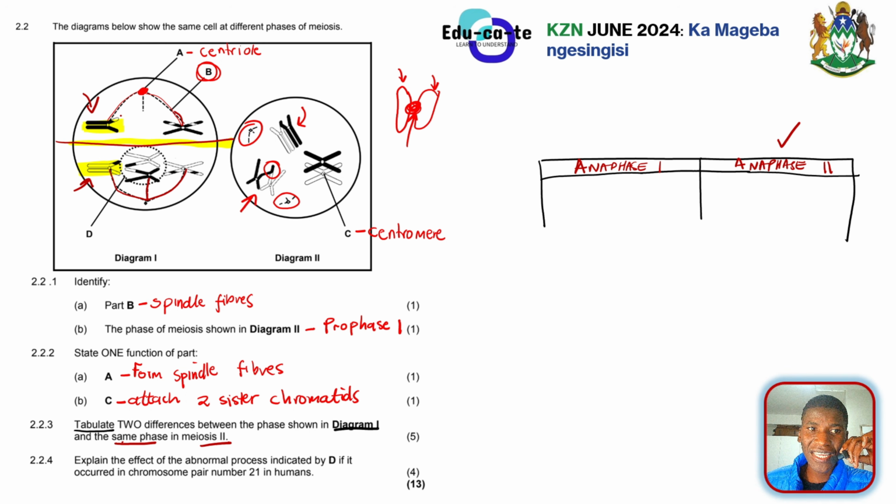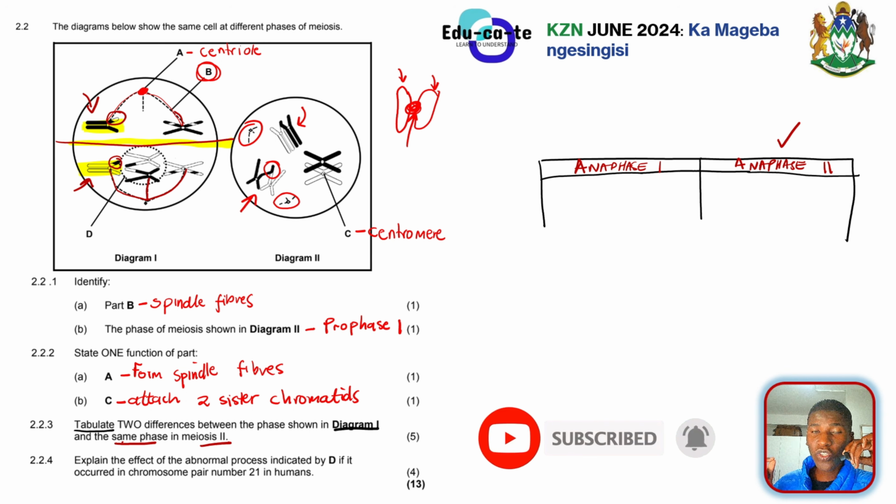You can even see that they had crossed over, from the way that they are colored. So those are homologous chromosomes that are being separated during anaphase 1, or during diagram 1, according to this question. But during anaphase 2, we need to remember that we do not separate chromosomes, but we separate chromatids. All right, we separate what?